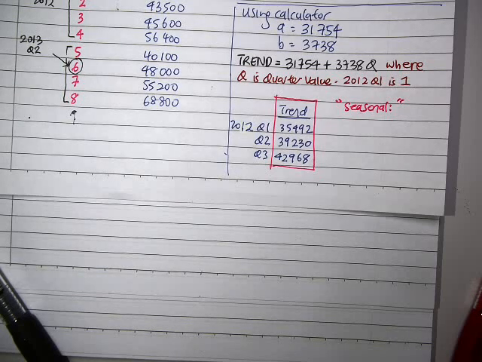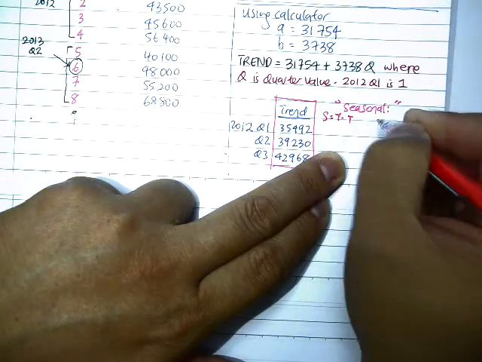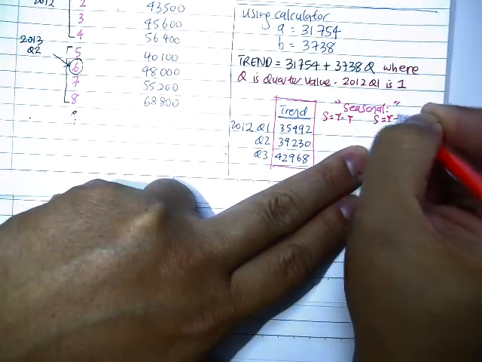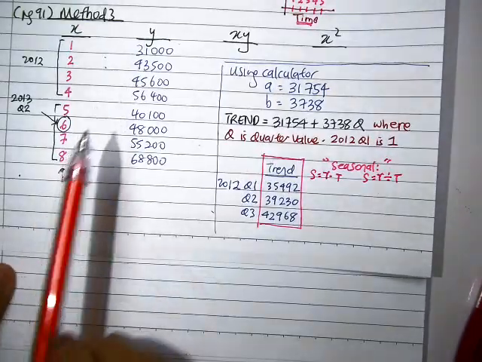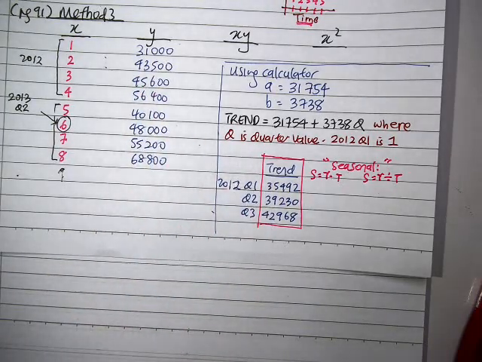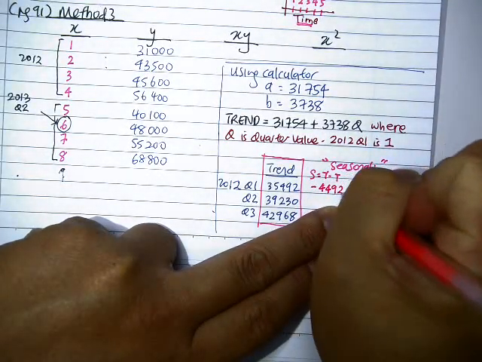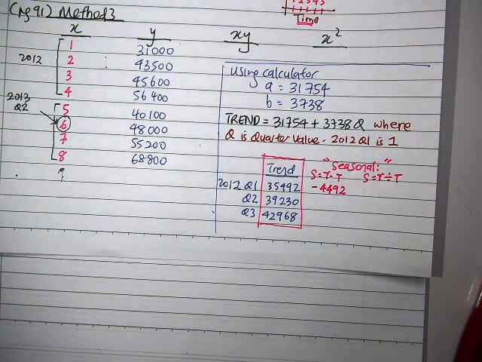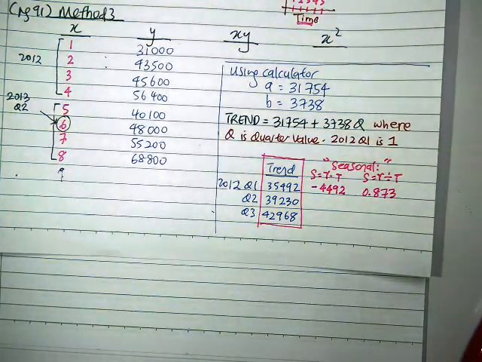So if you are using, let's say, the additive model, S is Y minus T, or S is Y divide T. Now, this is the value, class. 31,000 is the actual. 31,000 minus 35,492, you get minus 4,492. Or 31,000 divide 35,492, you get 0.873.